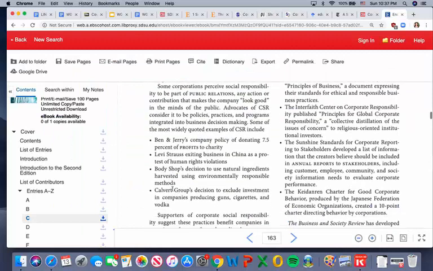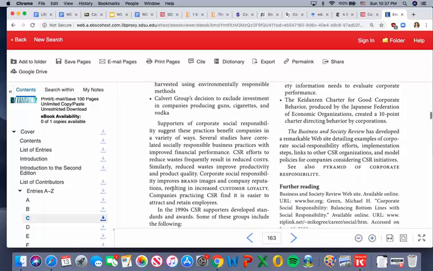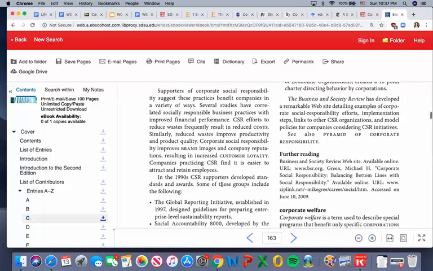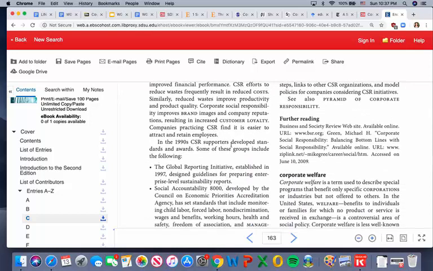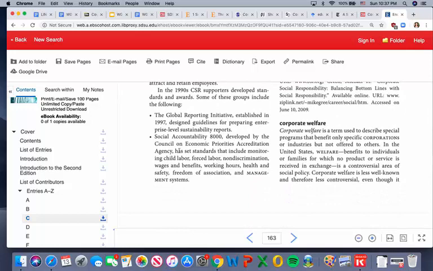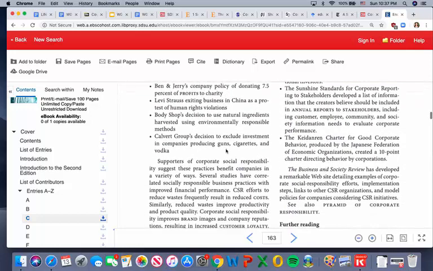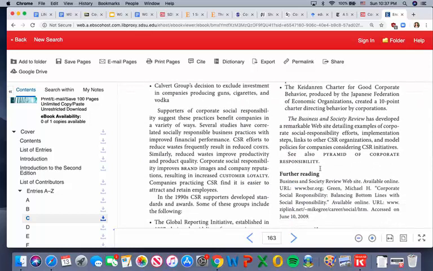Body Shop, Calvert Group. So we've got the supporters, what they think, the standards and awards, some of the history, and then further reading, a recommendation for another resource.